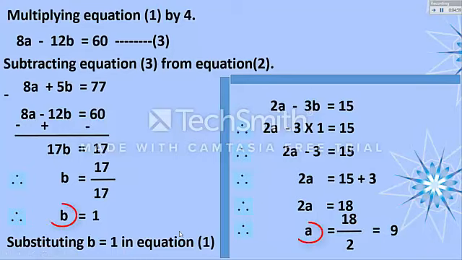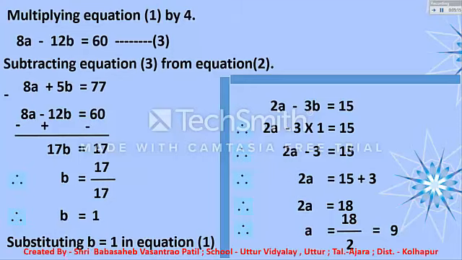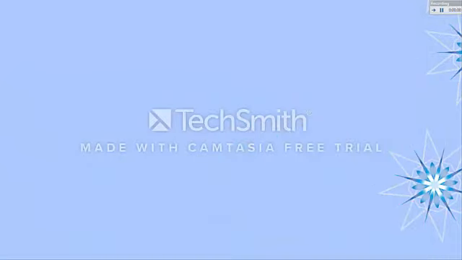Here we get the values of a and b, but that is not the solution, because in the example the variables are x and y. Therefore, the value of a is 9.